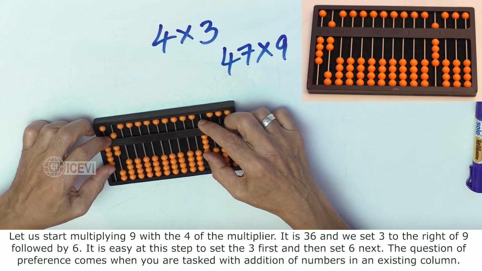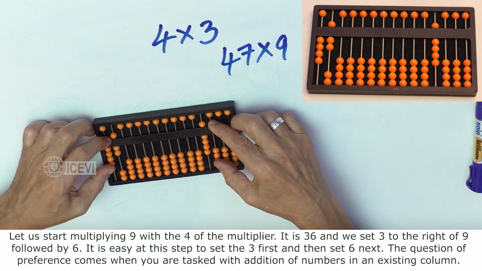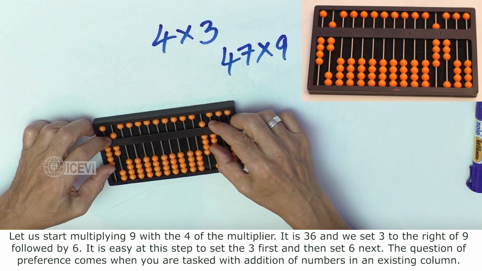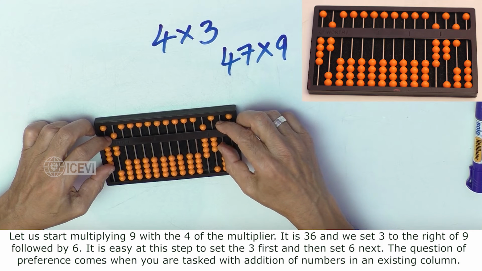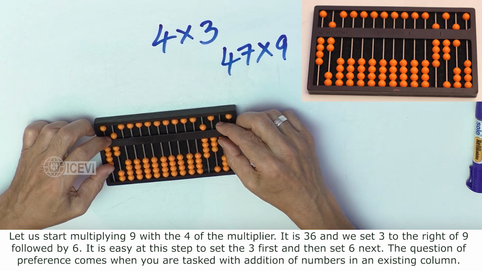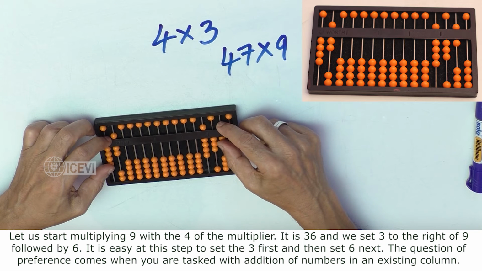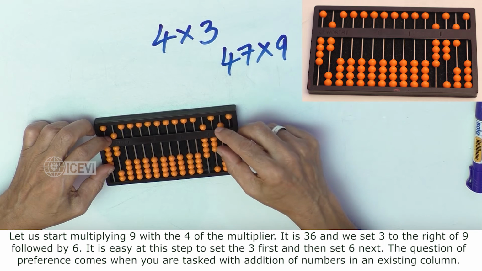It is 36 and we set 3 to the right of 9 followed by 6. It is easy at this step to set the 3 first and then set 6 next. The question of preference comes when you are tasked with the addition of numbers in an existing column.